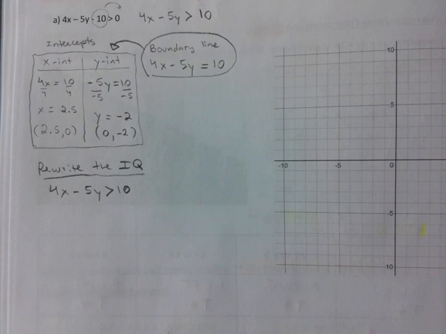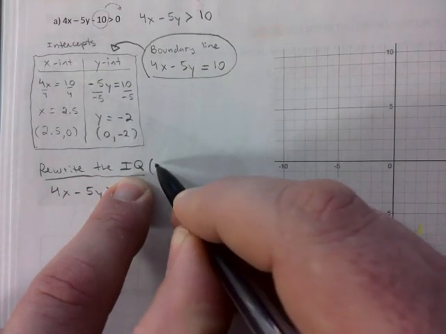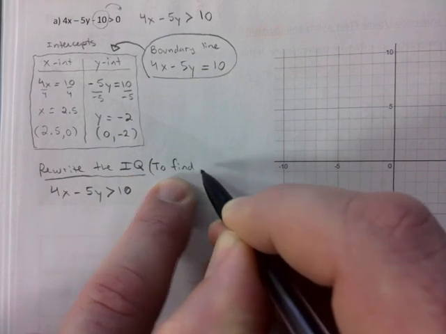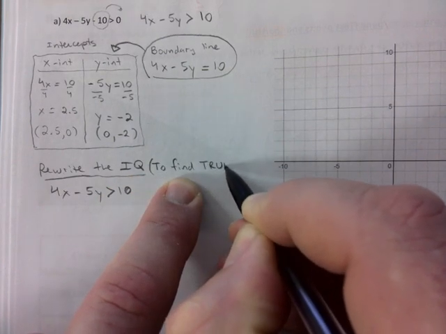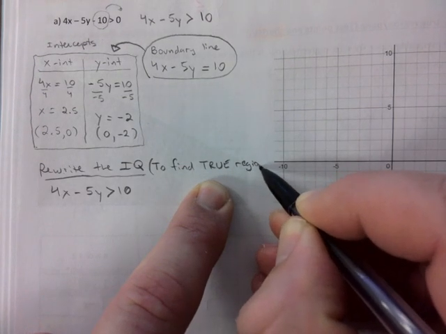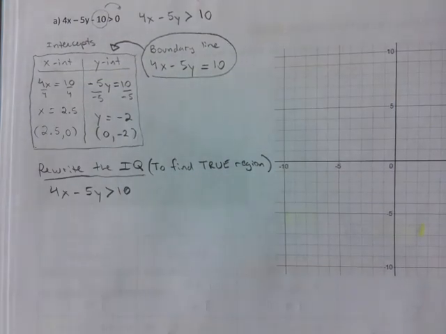It's your first day back, right? So maybe I should say rewrite the inequality in brackets to find true region. Okay. That is why I'm doing this part. Also because then I can enter it in my calculator. But our main reason is to find the true region. Okay.